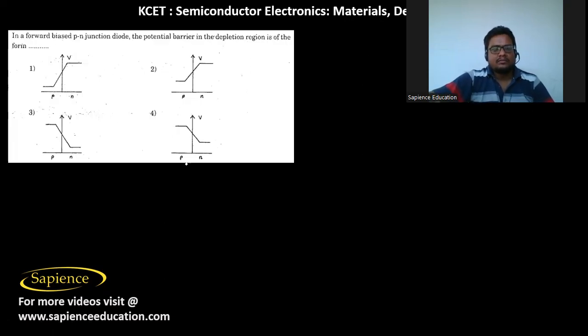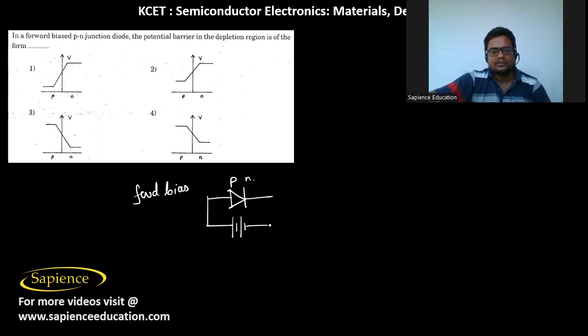Then here it is told, in a forward biased PN junction diode, the potential barrier in the depletion region is of the form. So in a forward biased PN junction diode, this is the P side, this is the N side. In forward bias, the P side is connected to the positive terminal of the voltage source, and the N side is connected to the negative terminal. So in the depletion region we have a reverse voltage.